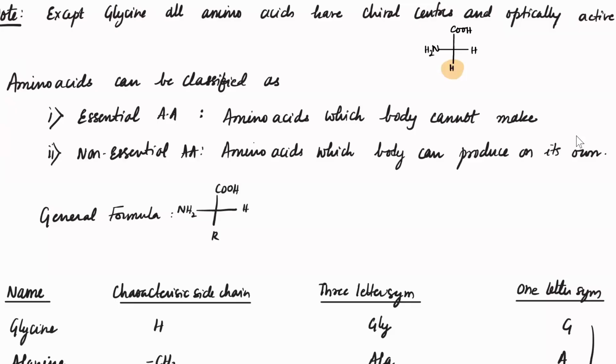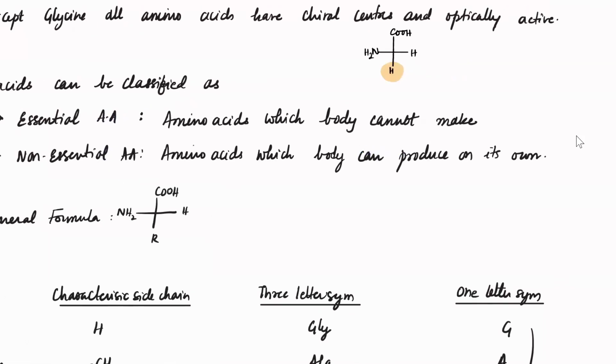Next, amino acids can be classified in another two kinds: essential amino acids and non-essential amino acids. Amino acids which the body cannot produce on its own, we call essential amino acids.